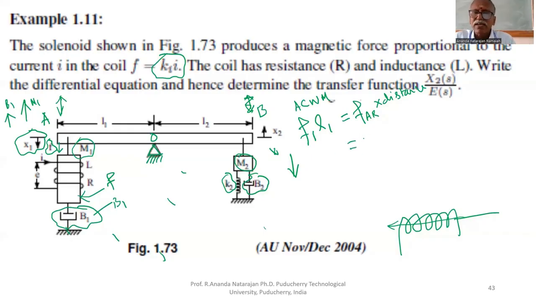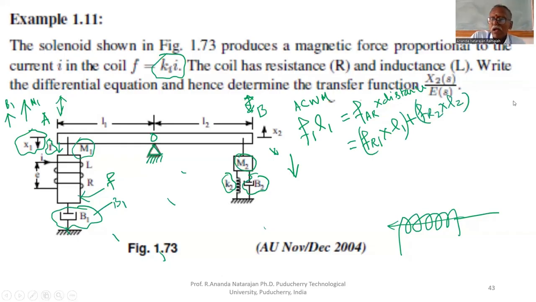Therefore, we can write reaction forces 1 multiplied by L1 plus reaction forces 2 multiplied by L2. If you convert this into moment, we have force multiplied by distance.